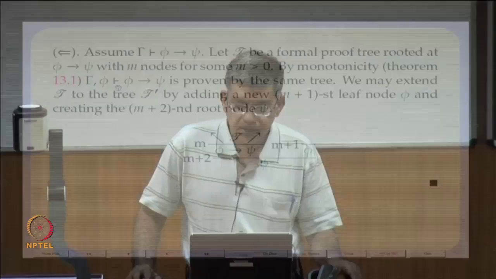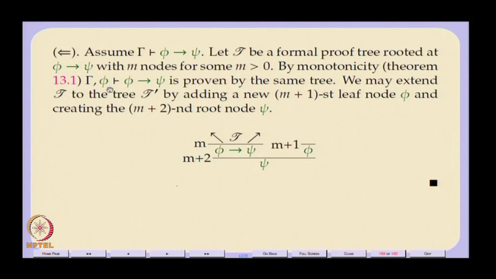So, by this monotonicity theorem I can add this extra assumption phi and I still have my conclusion phi arrow psi. So, the proof tree does not change. The original proof tree for gamma proves phi arrow psi continues to hold also for gamma comma phi proves phi arrow psi.